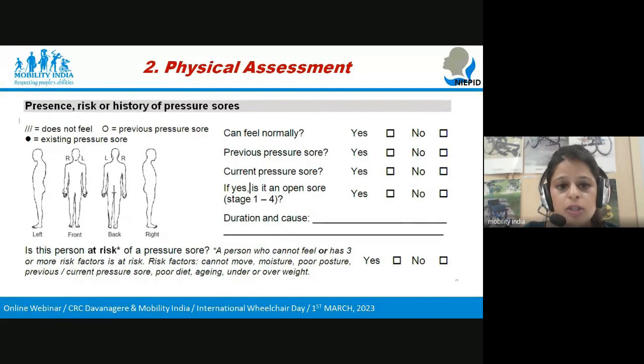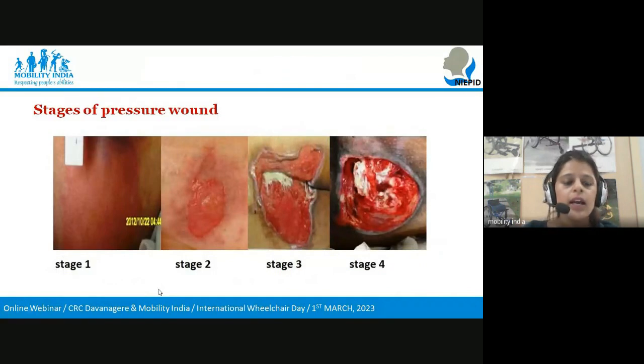Pressure sores are classified into four stages. If you move to the next slide, I have pictures to show the four stages of pressure sores. Stage one has discoloration and redness of the skin, and if you press that part of the skin, the depression won't come back even within 30 minutes.